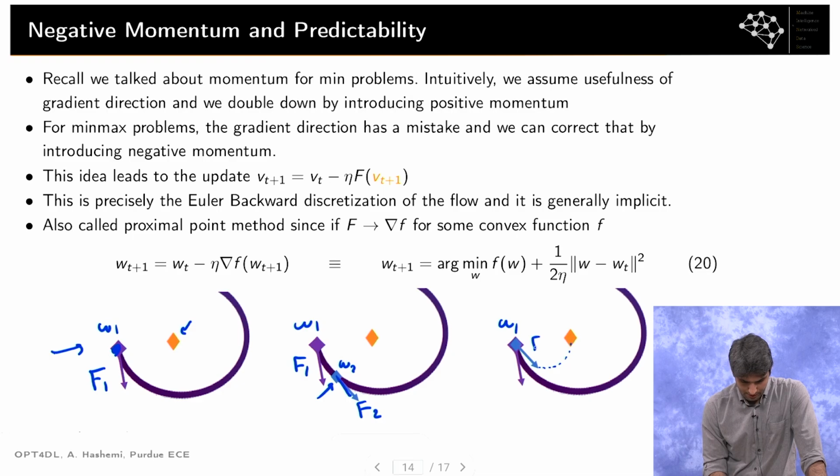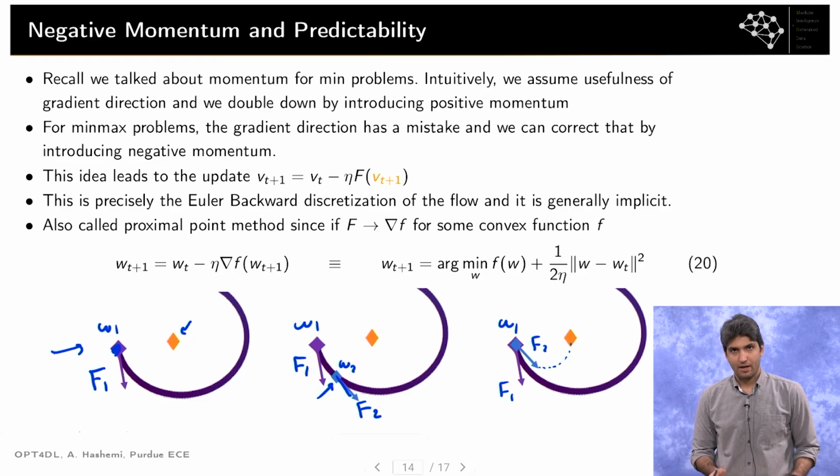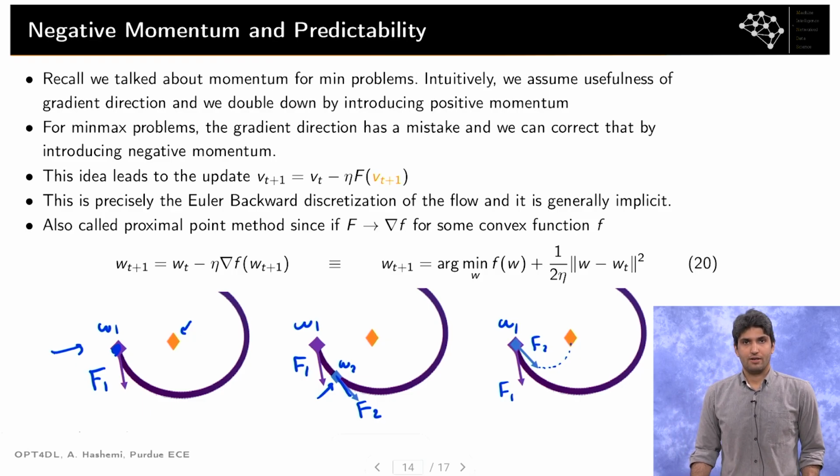What I'm saying is that let's use F2, not F1, to update the parameter, given that from these pictures it is a more useful vector. It is pointing inward toward the equilibrium, whereas the usual gradient is actually pointing away from the equilibrium.